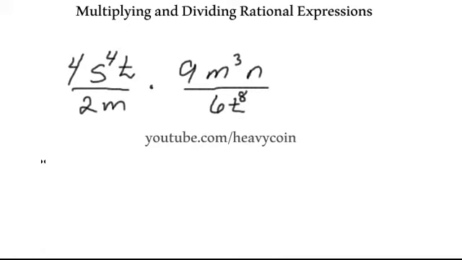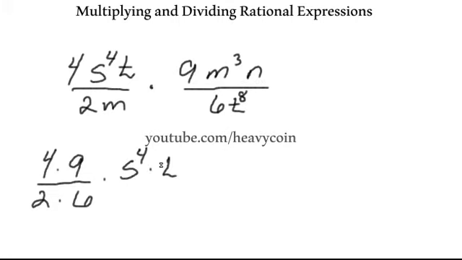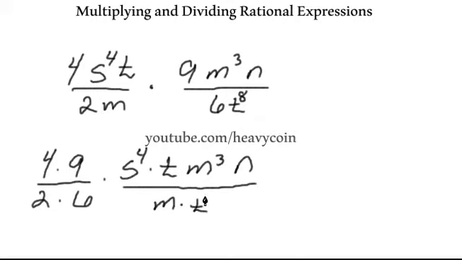Now let's look at our numbers here. We got 4 times 9, I'm going to group all these together, and then we have 2 times 6, s to the 4th, so there's nothing we can group together there. t m cubed over n, and that's over m times t to the 8th.